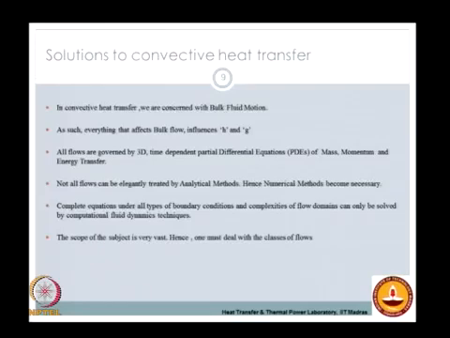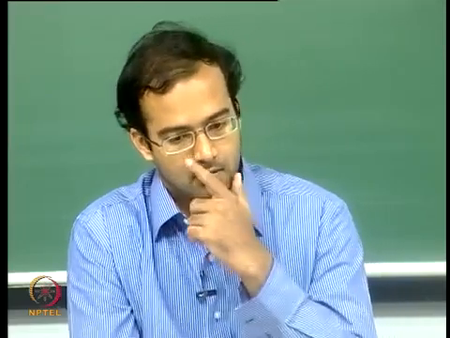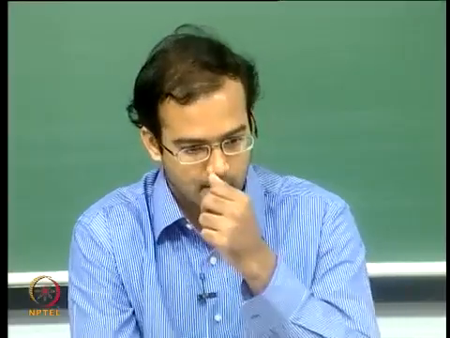Now in order to derive relations for finding the heat transfer and mass transfer coefficients as a function of the flow properties, we have to look at the complete solution of the partial differential equations governing the mass, momentum and energy transfer.